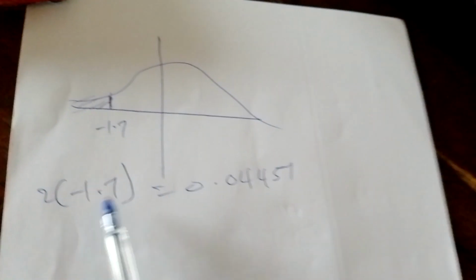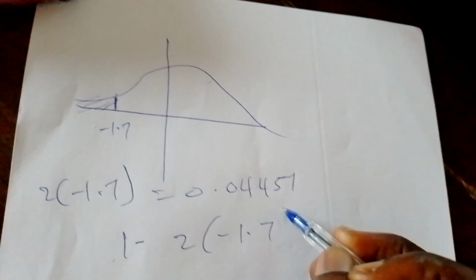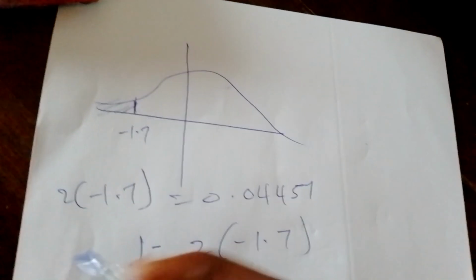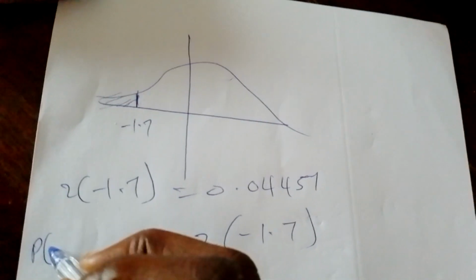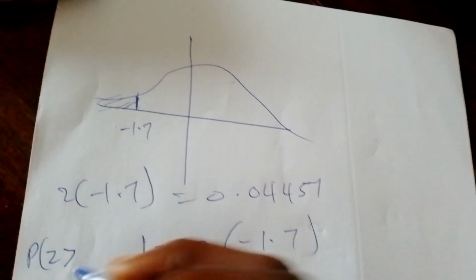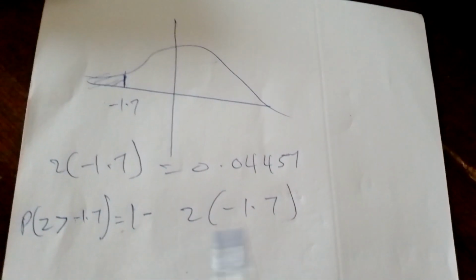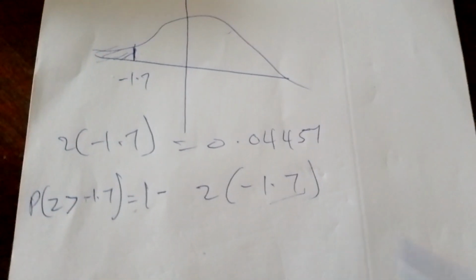Now if you want to find greater than this, that means if you want the whole of this area, then you just have to subtract 1 minus z of negative 1.7. So the probability that z is not less than but greater than negative 1.7 will be calculated like this. So just take one from it.